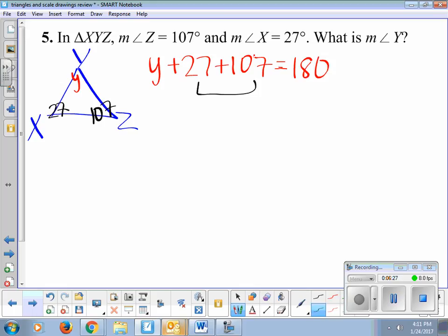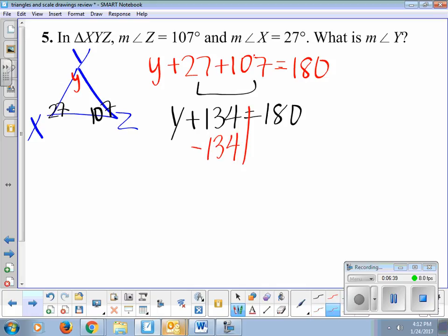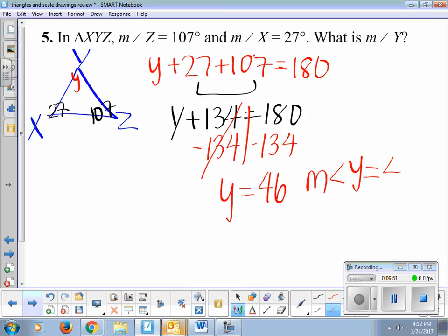Combine like terms. 107 plus 27 is 134. y plus 134 equals 180. And then we need to subtract 134 from both sides. We get that y equals 46. So the measure of angle y is 46 degrees.